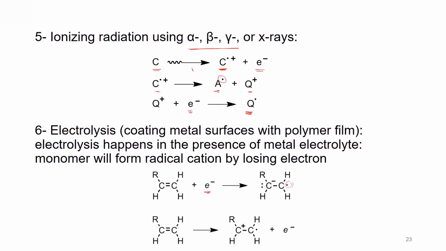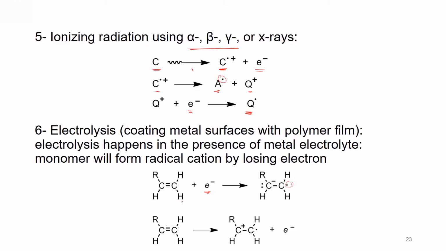The last method for the initiation is through electrolysis, and this is usually used for coating a metal surface with a polymer film. You can see that electrolysis would happen through the metal electrolyte. So we will use a metal electrolyte for the transfer of the electrons, and we will form a radical by losing one electron.